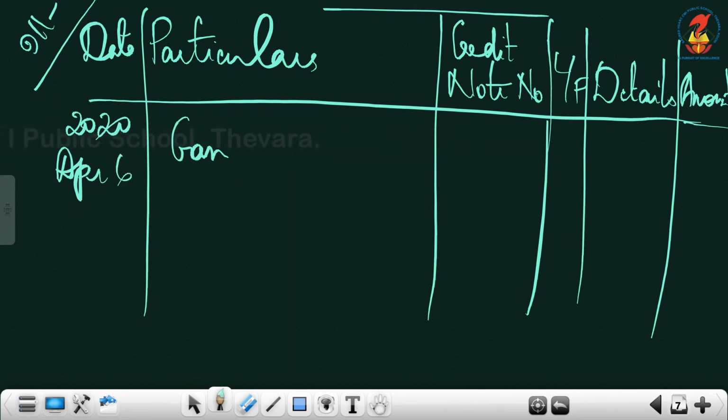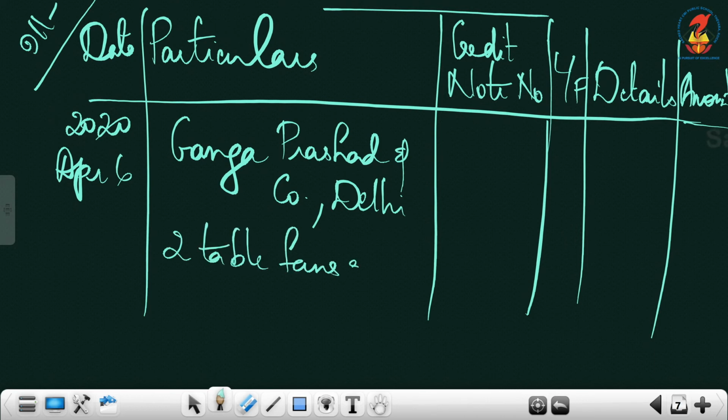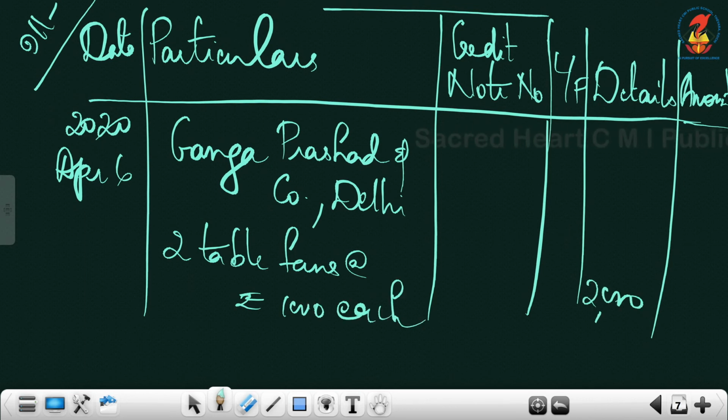The same procedure, the same steps. Ganga, Prasad and company, Delhi. 2 table fans at the rate of ₹1000 each. So that is 2000. There is no invoice number, nothing is given.